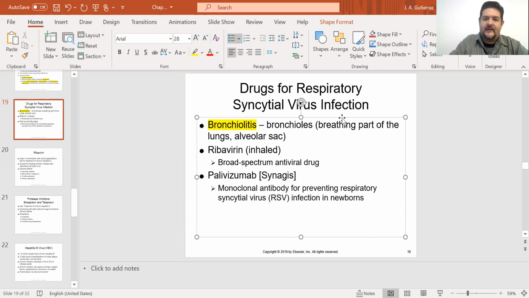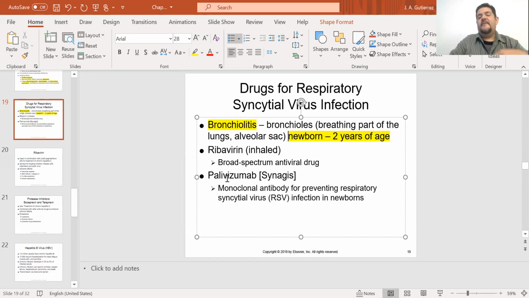So this is an infection that can kill the patient. The patients go from newborn to 2 years of age. That's their main target for this virus, respiratory syncytial virus. That's the main target.